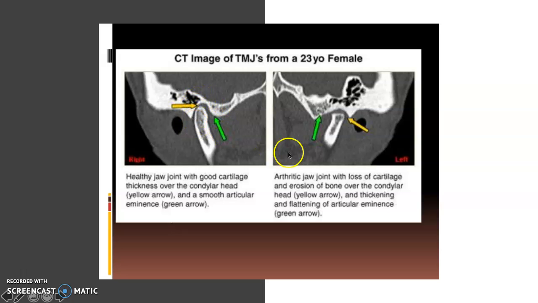And then in a person with TMJD, you can see this is much more rigid and flattened out, and the head of the condyle is a lot more flattened, so the range of motion will be different and it will clearly cause pain and discomfort.